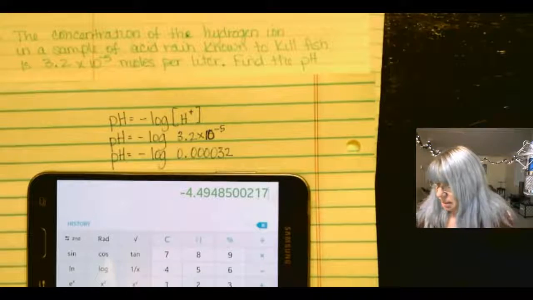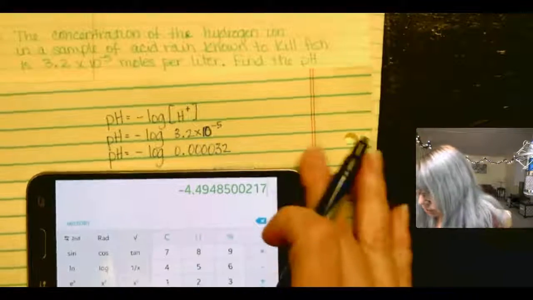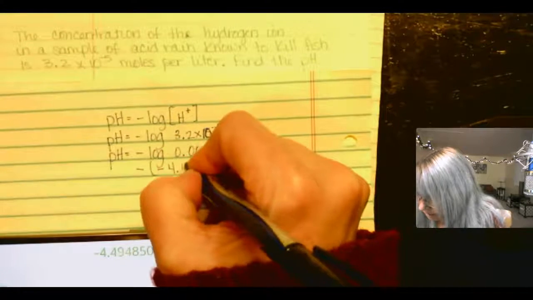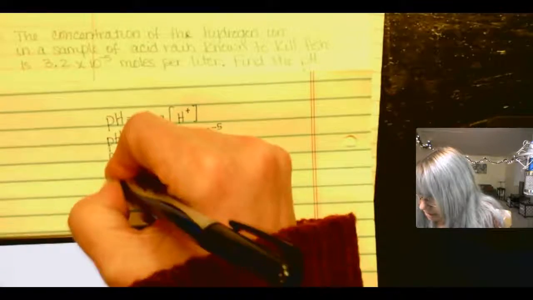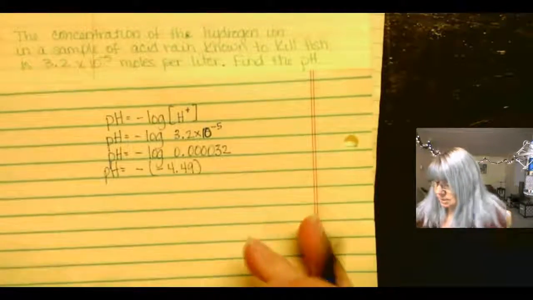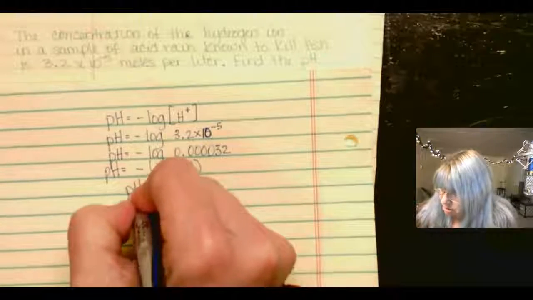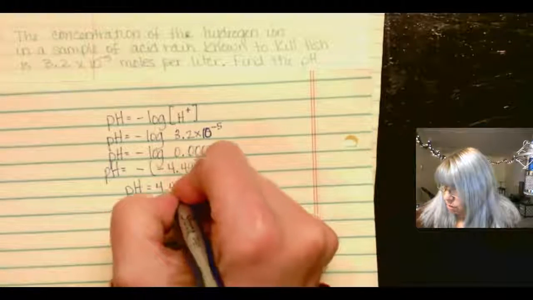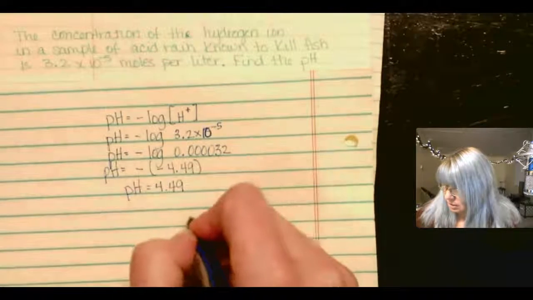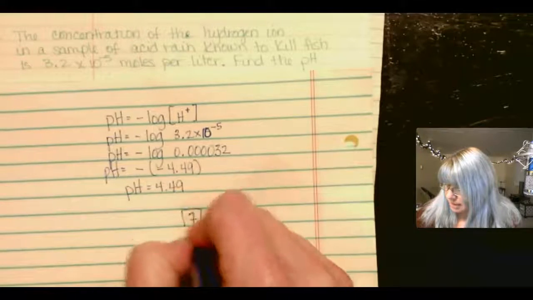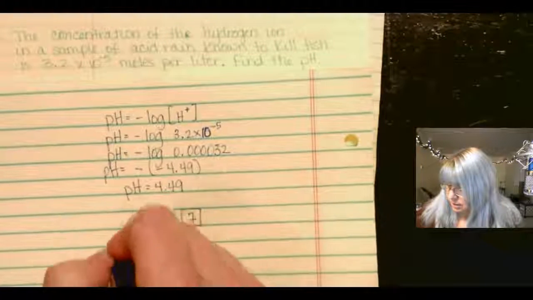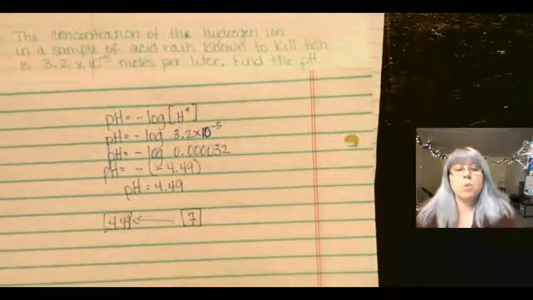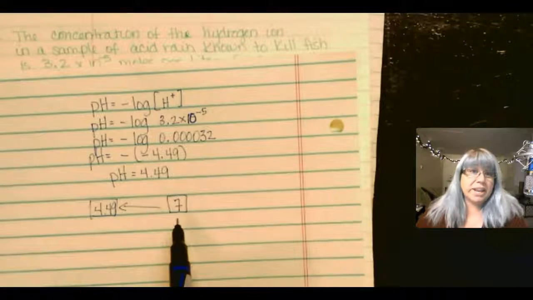All right, negative, and I'm just going to take the first two digits, negative 4.49. So negative 4.49 equals the log, and a negative times a negative is a positive, so the pH of, in essence, acid rain is 4.49. Remember on the scale, normal rainwater was about a 7, so this is very acidic, right? A 4.49 is definitely more acid than neutral, regular water.